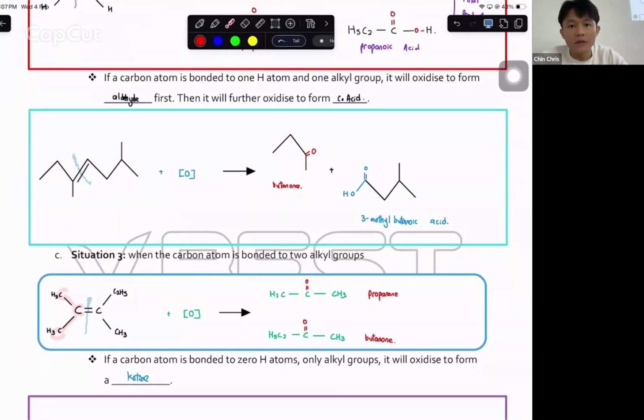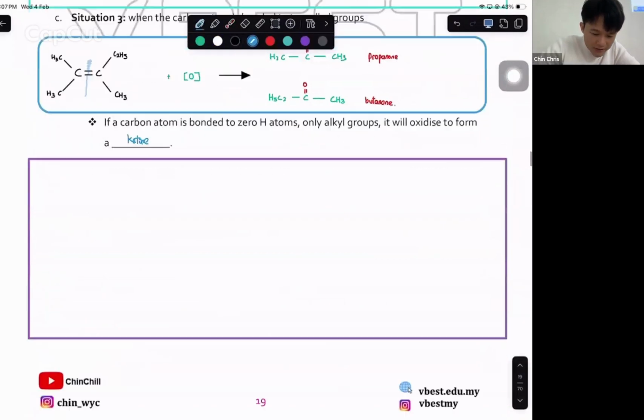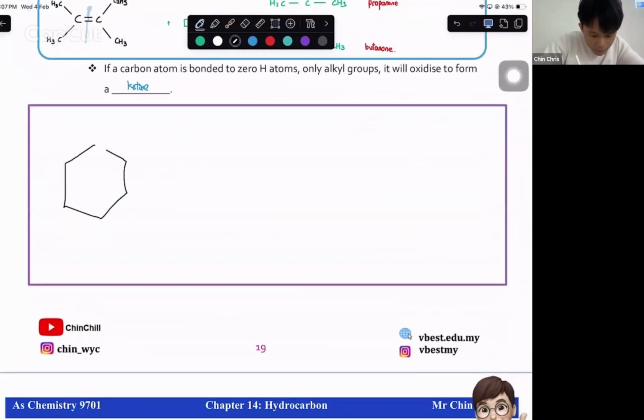Alright guys, now I'm gonna give you a tricky looking one, yeah. Please draw this one out. Alright guys, if you can do this, I'll be damn proud.